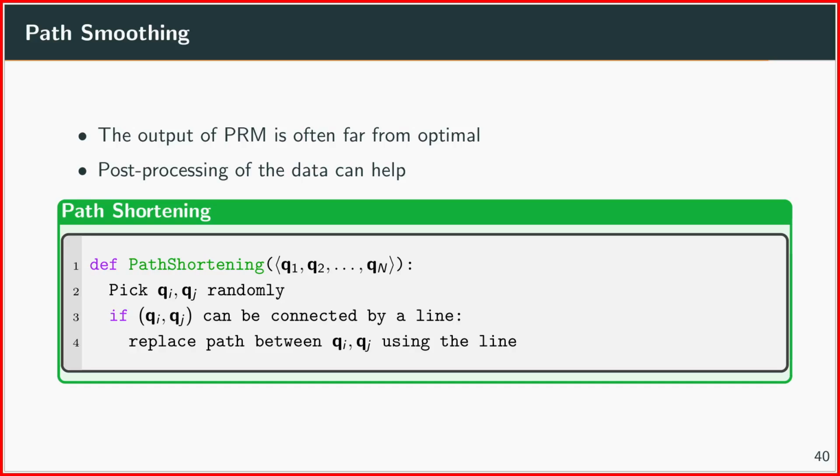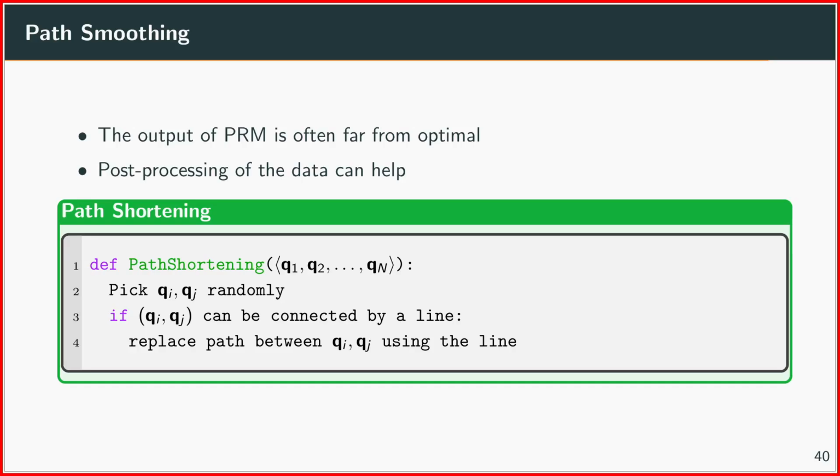One thing which you have to keep in mind is that the output of PRM is often pretty far from optimal. And that is why usually we need to post-process the data once you have found a path. I guess one of the most obvious and actually pretty well working things you can do is path shortening.